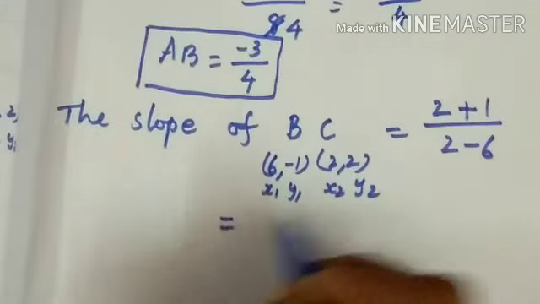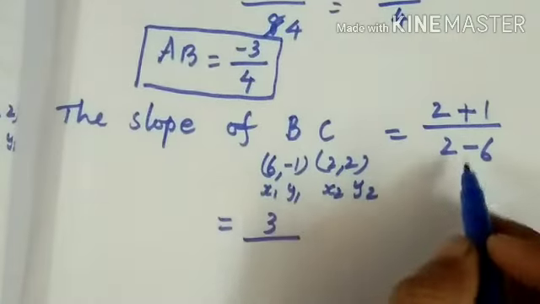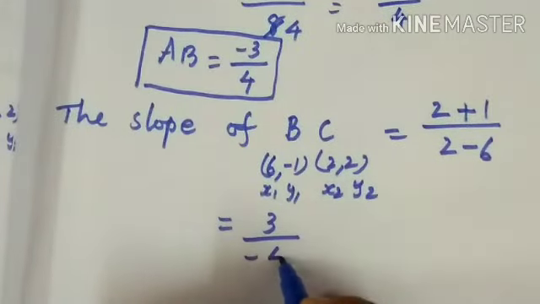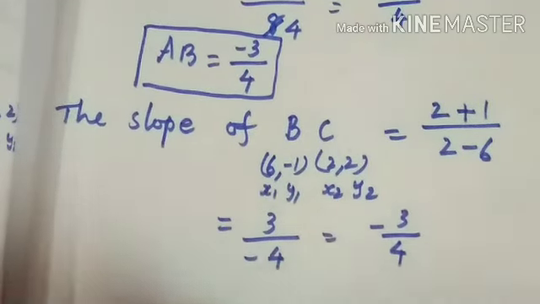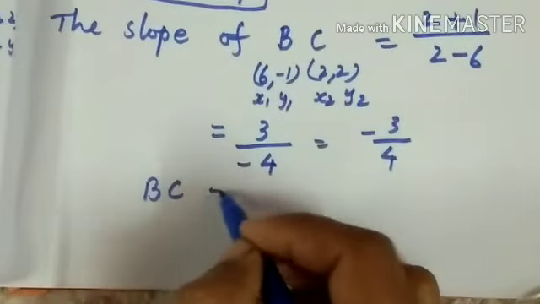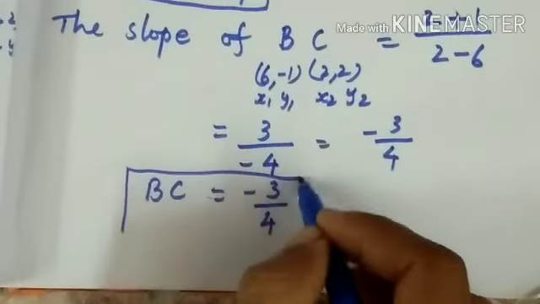Now, you have to simplify this, means we get 2 plus 1, 3 by 2 minus 6, we have minus 4, that is minus 3 by 4. Hence, the slope of BC is equal to minus 3 by 4.